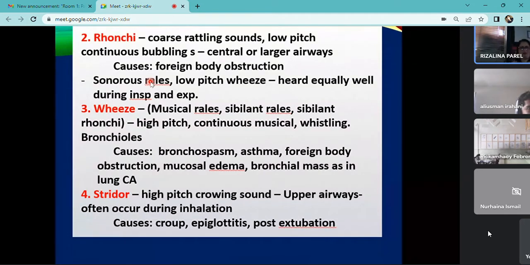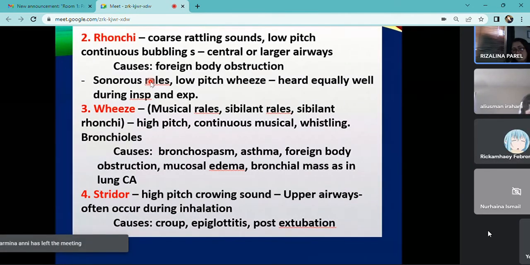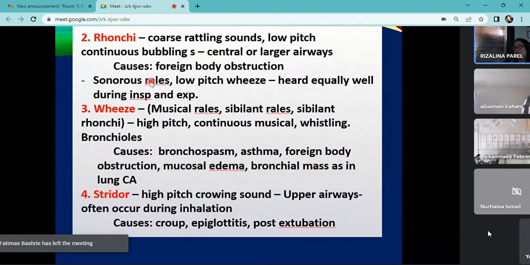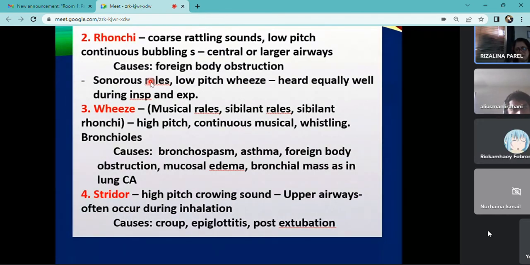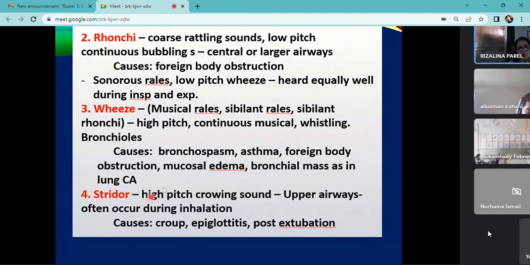And then wheeze. Wheeze, alam natin yan, pang-asthma yan, pero hindi lang yan pang-asthma. Lahat ng cases na merong bronchospasm, meron ding foreign body obstruction na nag-react na yung iyong pulmonary defenses at nag-produce na ng secretions din. So pwede na magkaroon niya ng wheeze. For patient with mucosal edema, bronchial mass, or lung cancer.